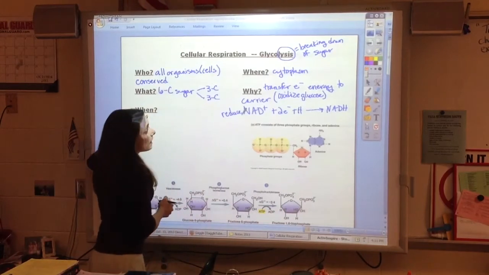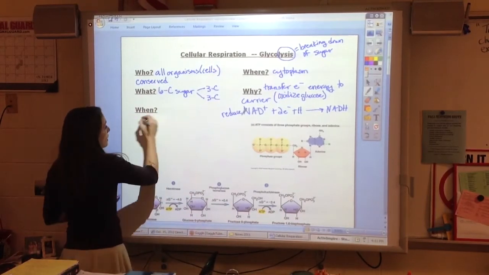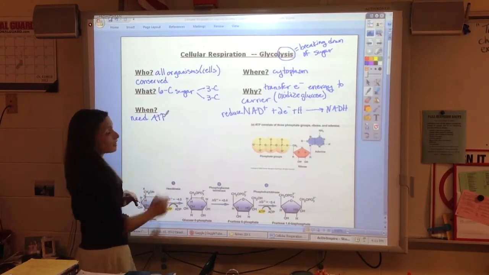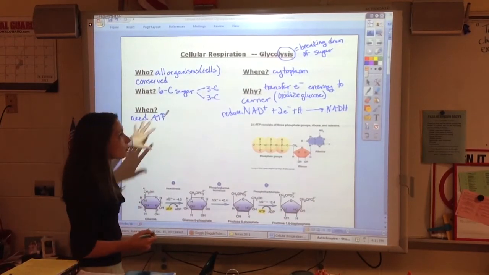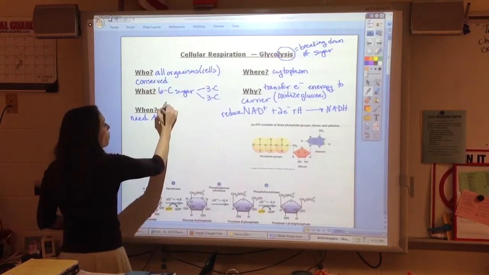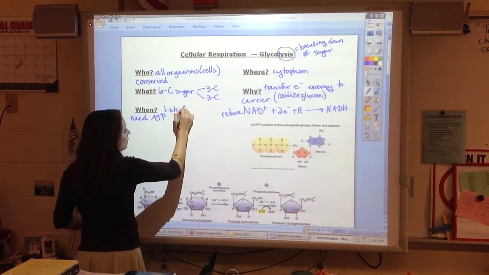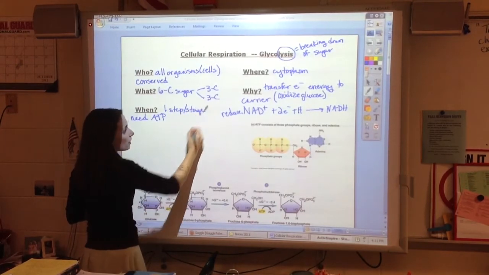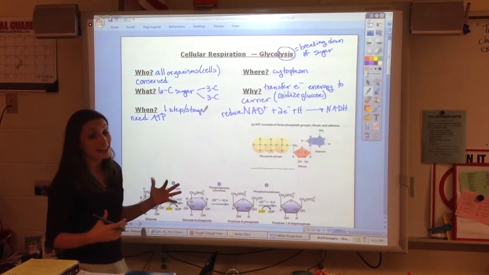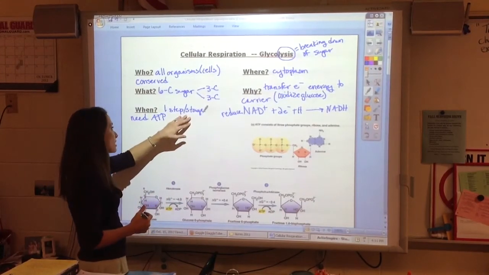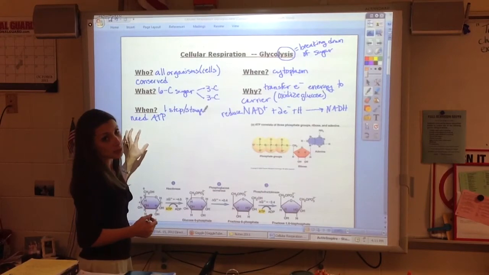And this is going to happen when we need a source of energy. So when we need ATP, we're going to begin this process. This is just one step in the process, or one stage, really, because it's about 10 steps. So 10 steps, one stage, trying to get ATP.